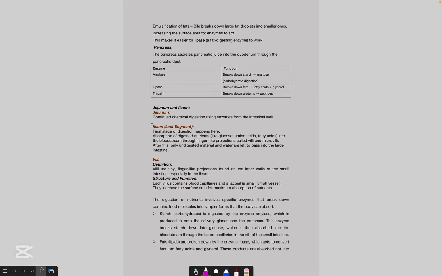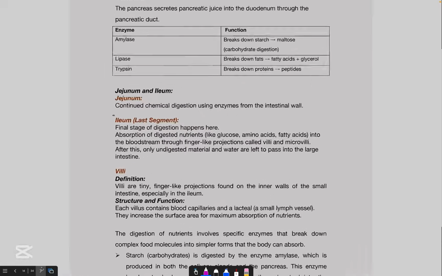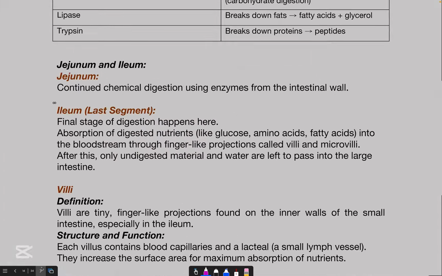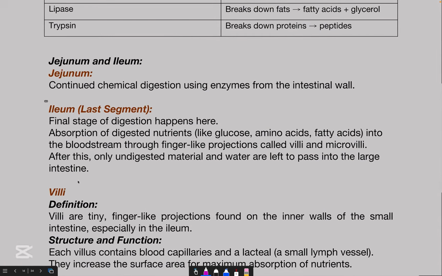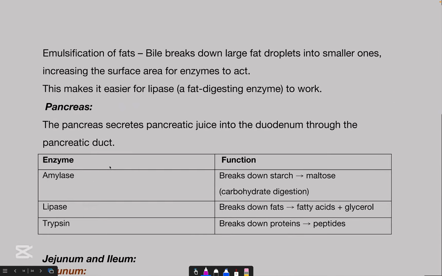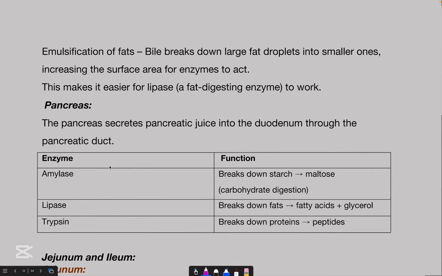For emulsification of fat. We said emulsification is like the mixing of fat and water together. Emulsification of fat breaks down large fat droplets into smaller ones, increasing the surface area for enzymes to act. Is that okay?